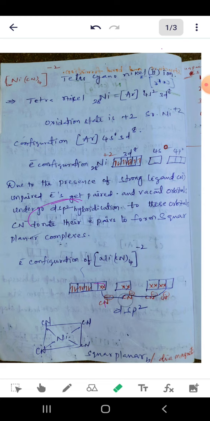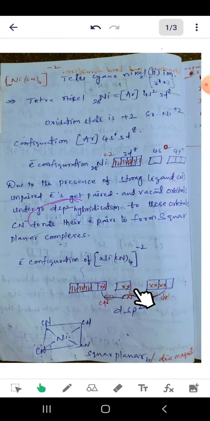Next, cyanide donates its electron pair to these orbitals, giving the square planar structure. In the electron configuration of nickel, pairing of electrons takes place, involving dsp2 hybrid orbital formation, with one d orbital remaining.